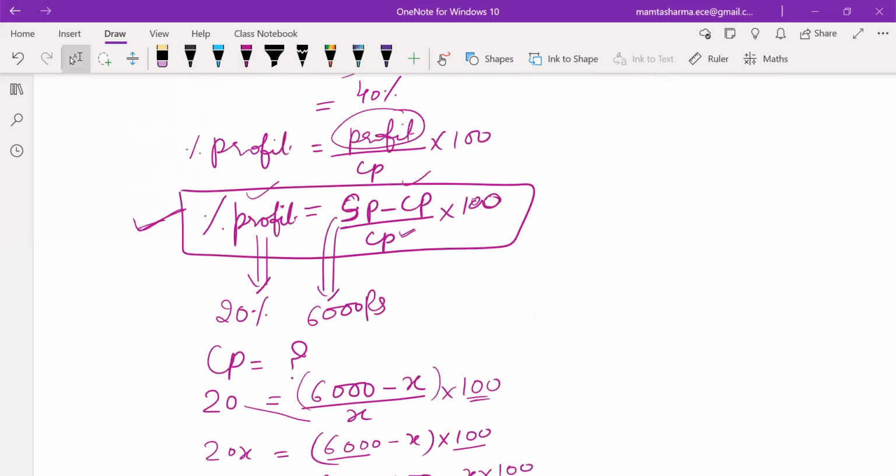Got it, ma'am. So instead of remembering 3 or 4 formulas separately for the cost price and selling price, you can remember this formula, and whatever thing is being given, put here, and whatever is not given, assume that is x, and then solve this equation and find out the unknown x.